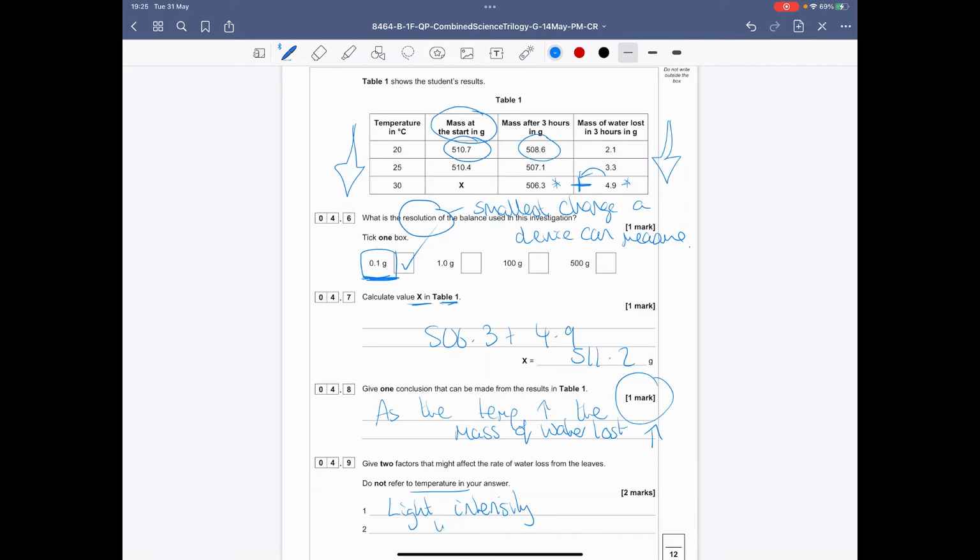And also wind or air movement. That would move more water out of the plant. And you could also then say as well, rate of photosynthesis, because if more photosynthesis is happening, then the plant is going to be using up the water and therefore it will lose more.